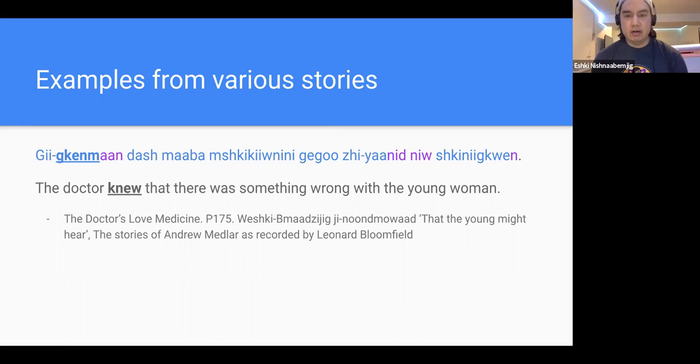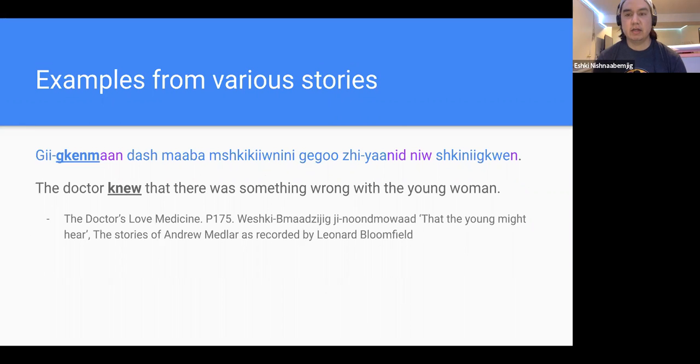And then gego, something. And then jia is just to feel a certain way. So jianid is, in VAIs, the B form or conjunct form of an obviated person.